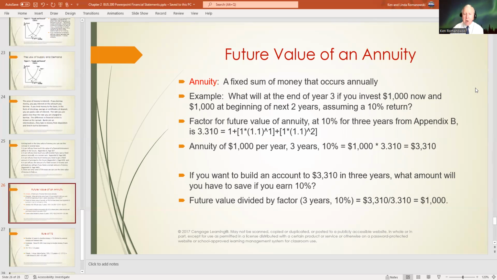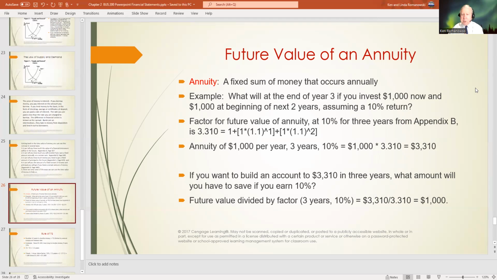Okay, so it's basically you're multiplying the 1, which is the amount that you are working with, the principal, which is $1,000 in this case, plus 1 times the interest rate that we're using, which is 10%.